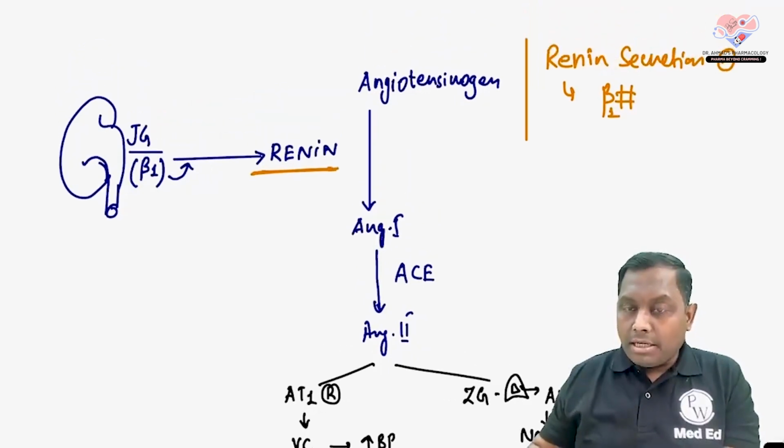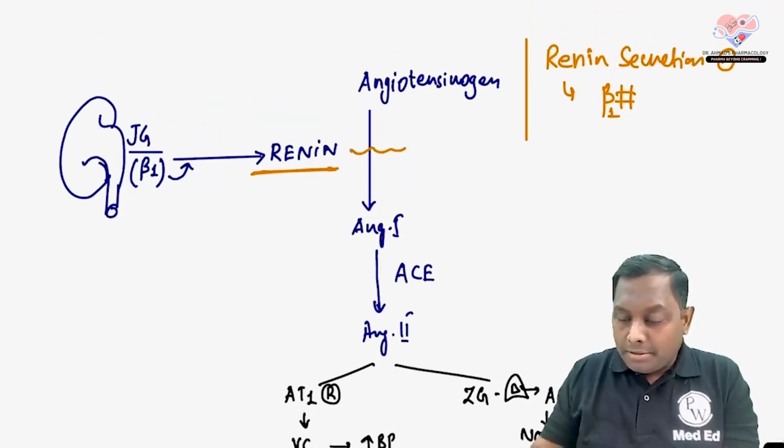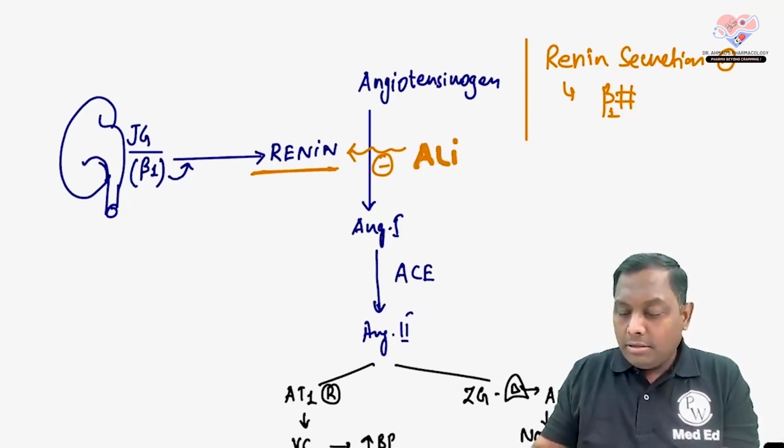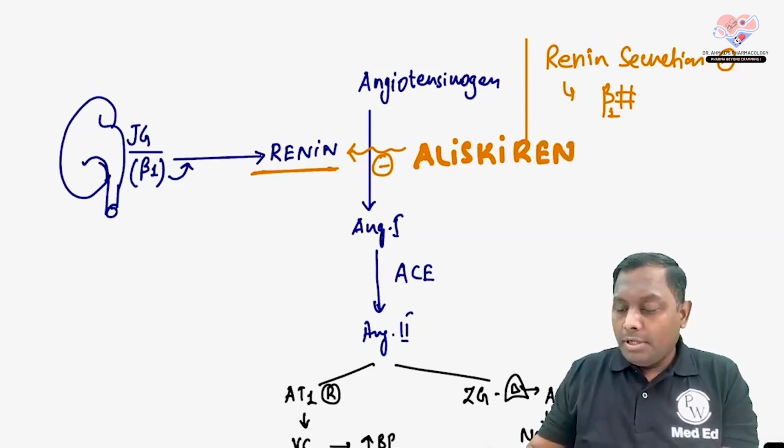But if the examiner directly asks for a renin inhibitor, the answer changes from beta blocker to aliskiren. Okay? Aliskiren is the renin inhibitor.